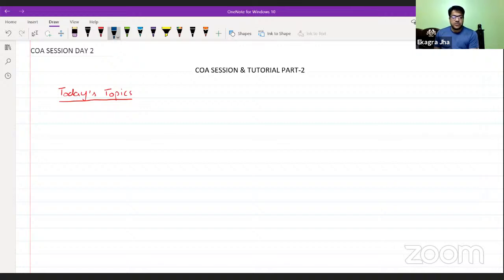Today we are going to cover the remaining topics that we left yesterday, starting from the topic cache and memory organization. Very important topic.